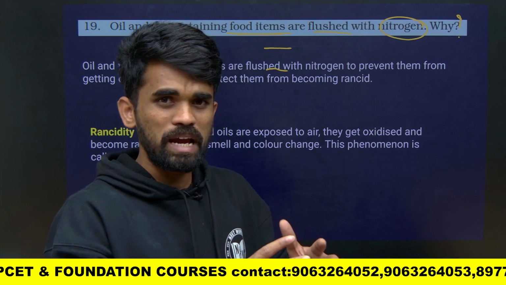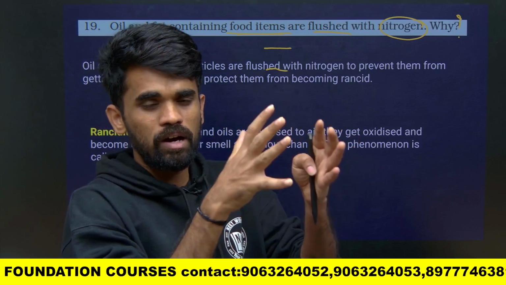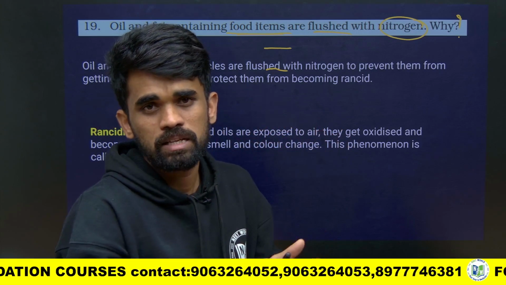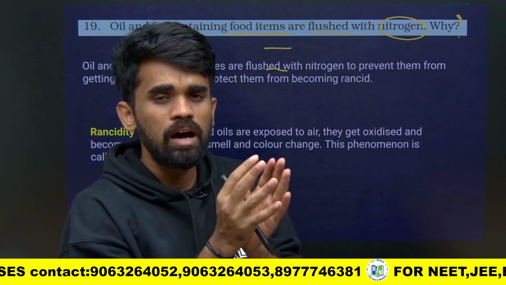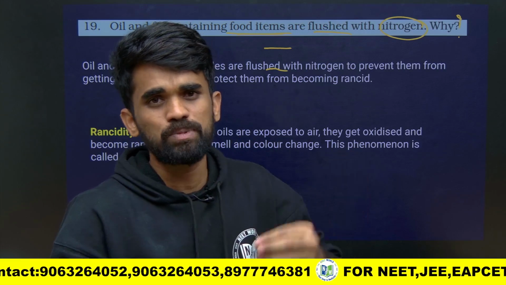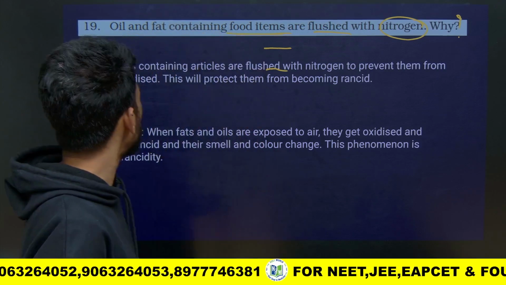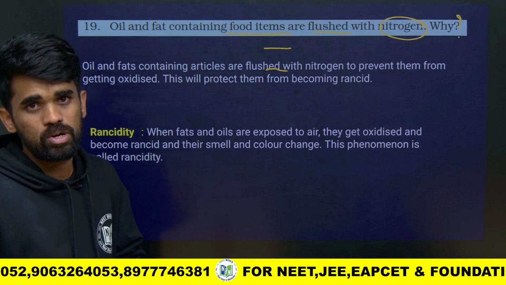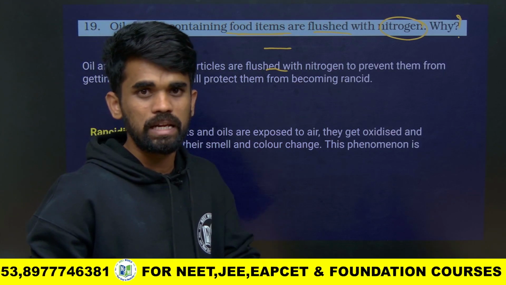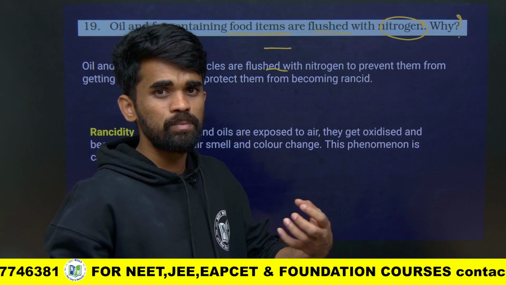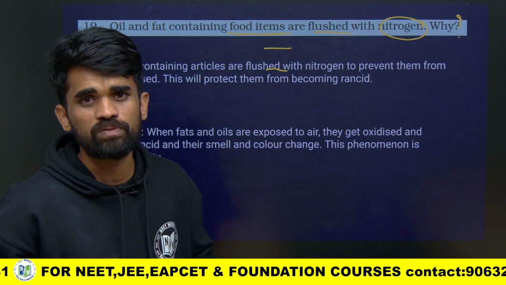Generally a chips packet will be filled with a lot of gas, and that gas is generally nitrogen gas. What is the use of filling nitrogen gas in that chips packet? It will avoid the oxidation process of the food material, the oil and fat material it has, so that it will not get into oxidized form easily.